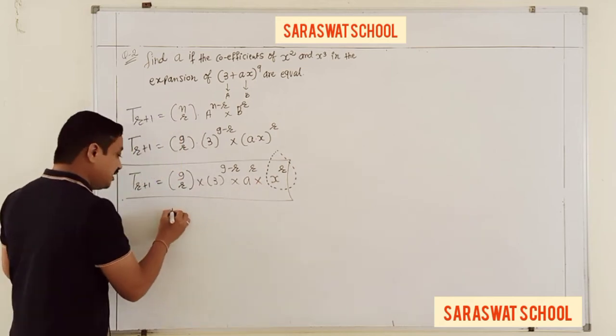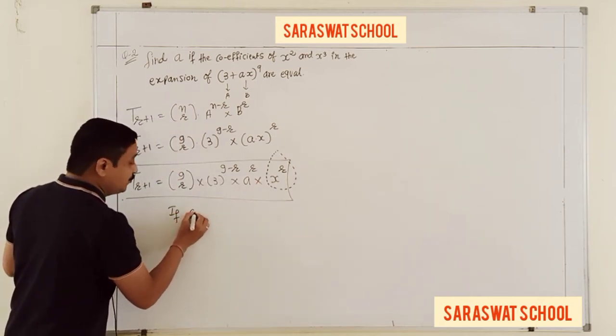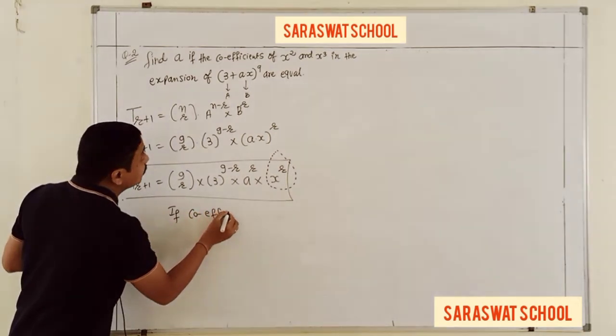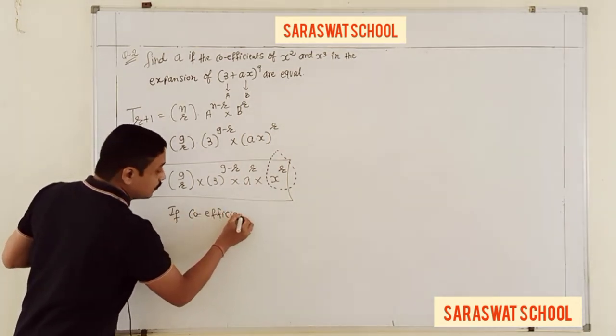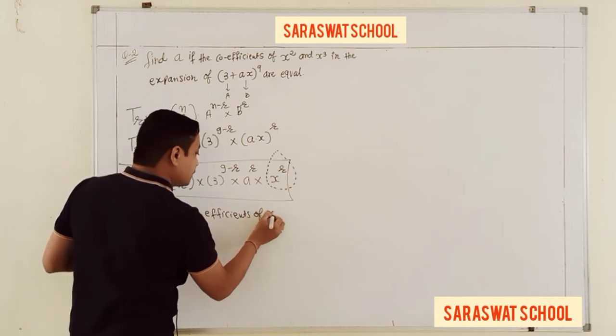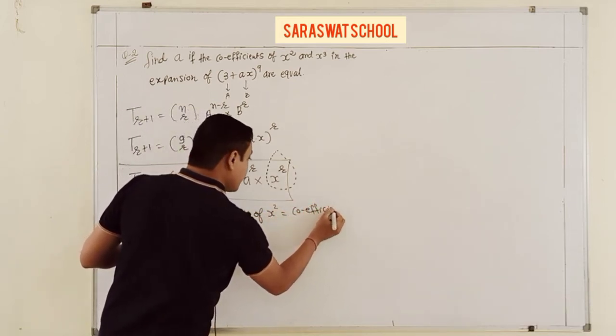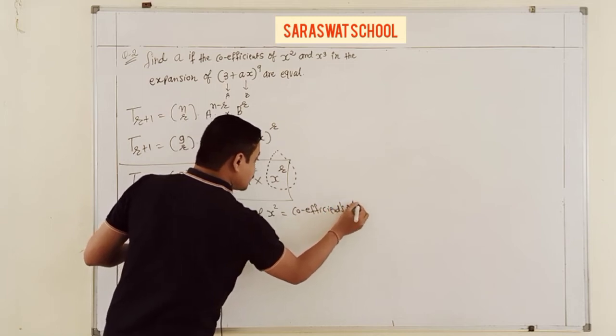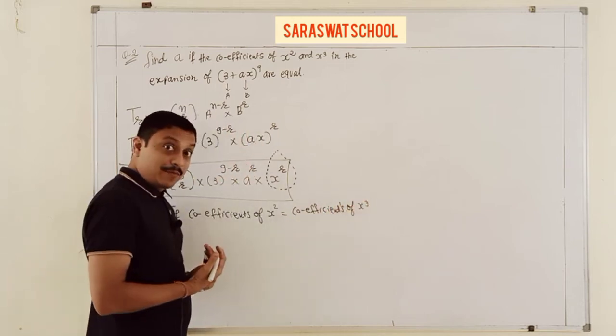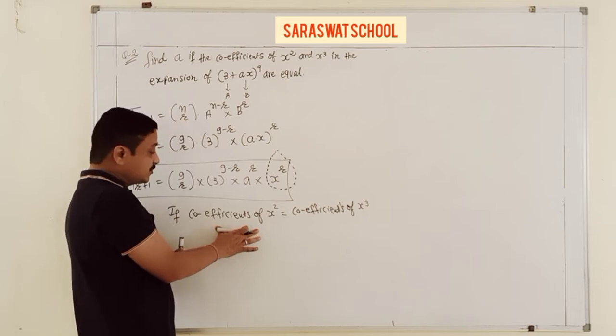So now, if the coefficient of x square is equal to the coefficient of x cube, both are the same. So what is the coefficient of x square here?